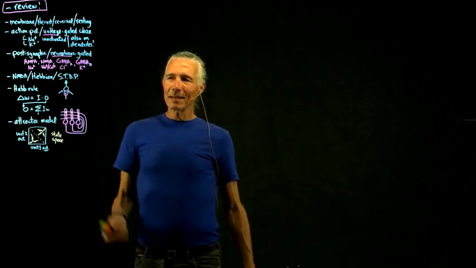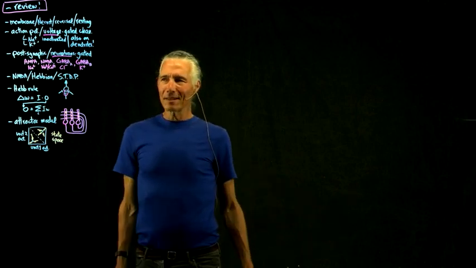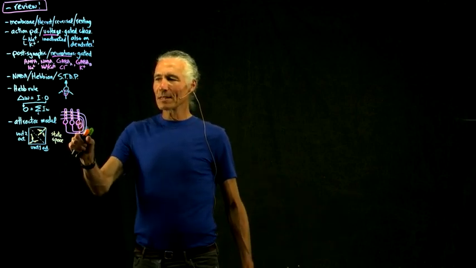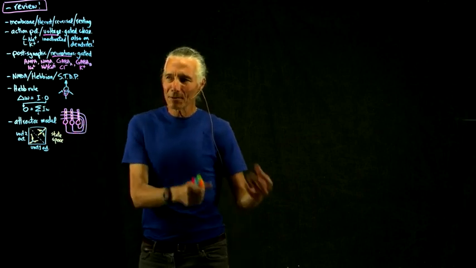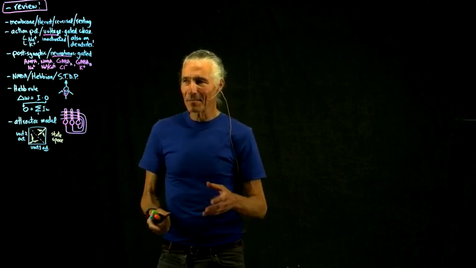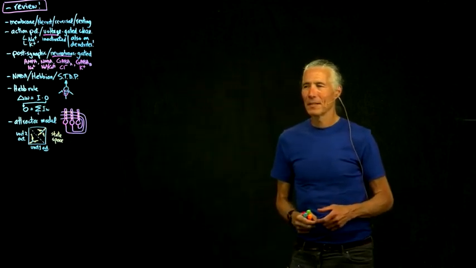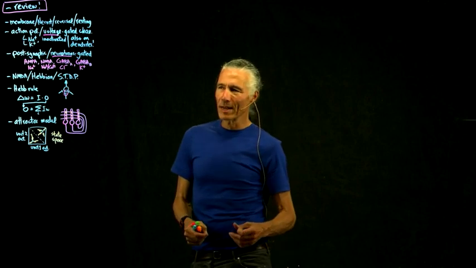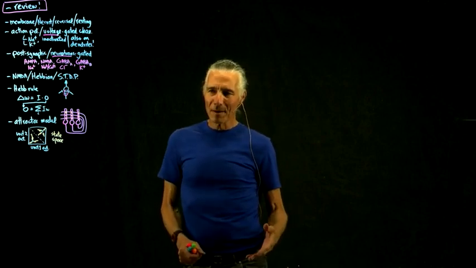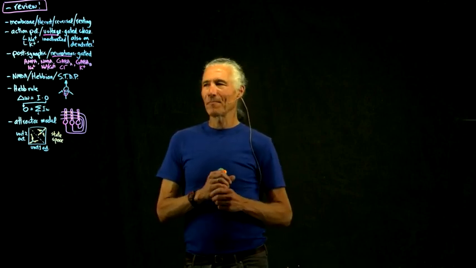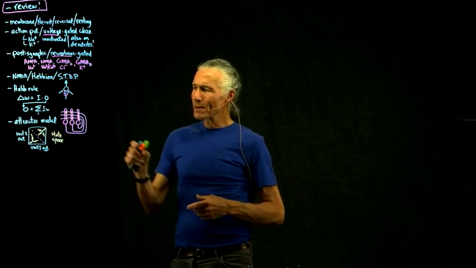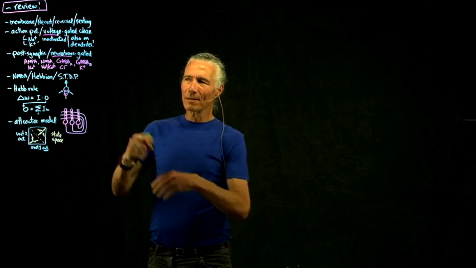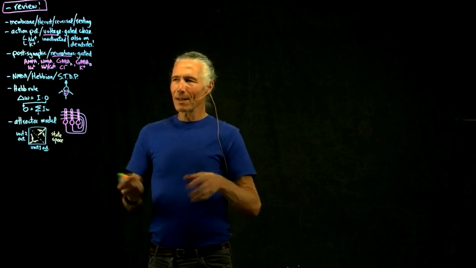I might ask something like, is the network in a stable state? Then what you have to do is update all the units and find out whether any of them wants to go to a different number than it currently has. That means it's not stable. If they all want to go to the same number that they're actually at, then you're stable. So it's a very simple model of what typically happens if you hook everything up to everything.